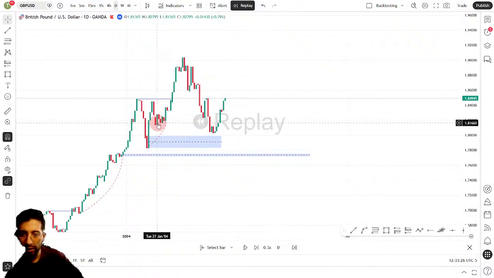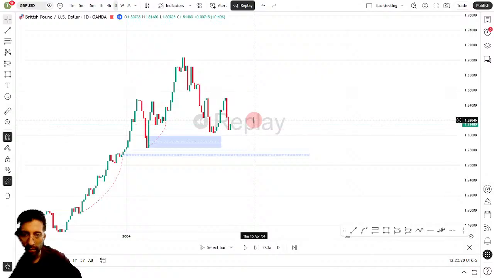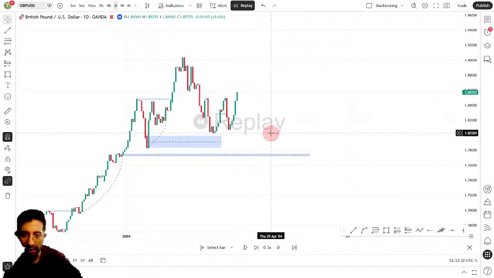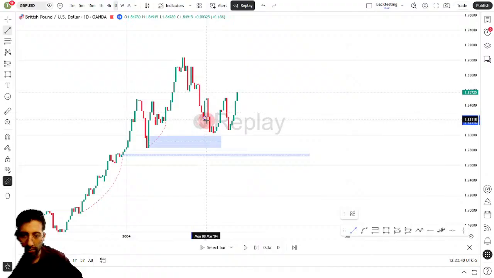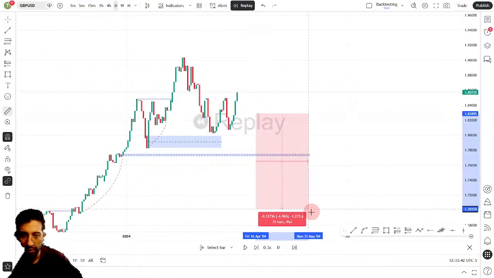It took all this liquidity that was here. But now let's see if it actually respects it or not. We would need a liquidity taken, which will be this one. Perfect. It has been done.